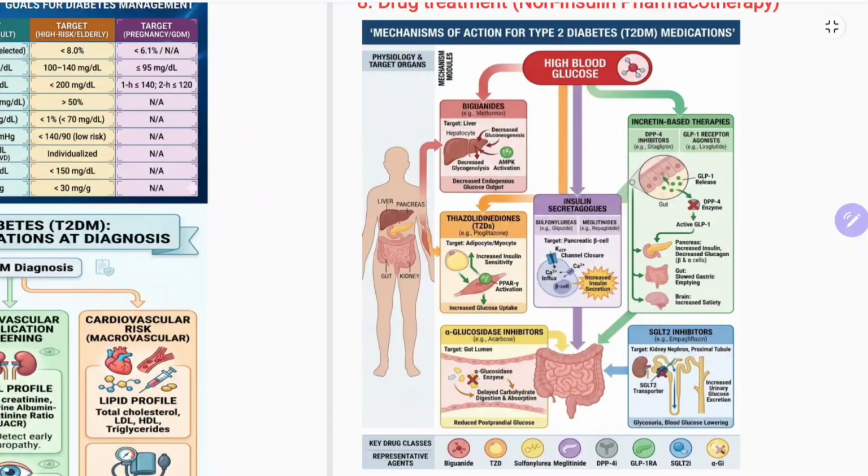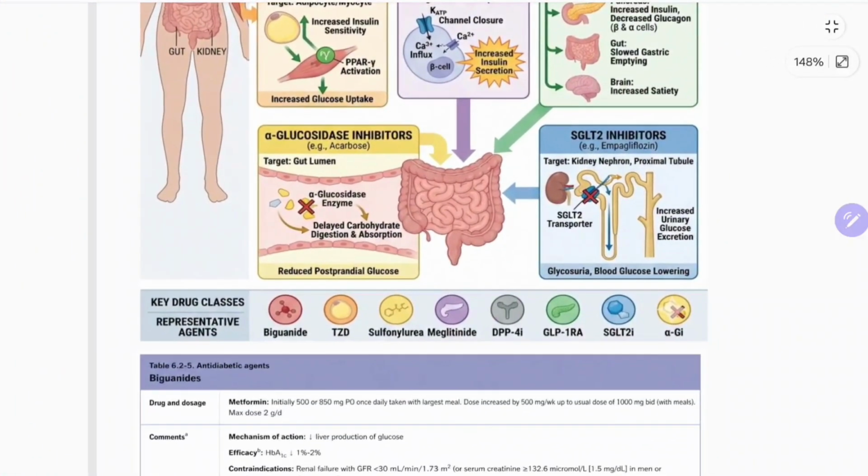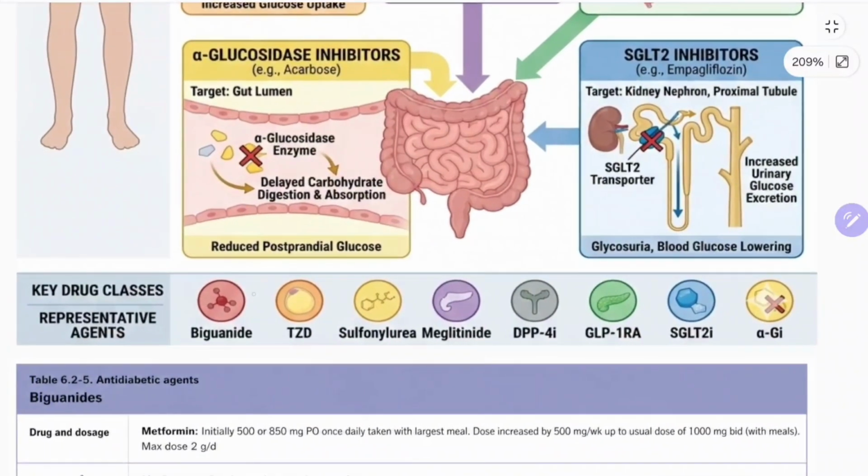Okay, so just to summarize, the main drug classes which you use are biguanides. Number one, very important drug, metformin. Phenformin was there, but because of increased risk of lactic acidosis, it is not used. Thiazolidinediones, pioglitazone. Rosiglitazone is not used because of increased risk of bladder cancer.